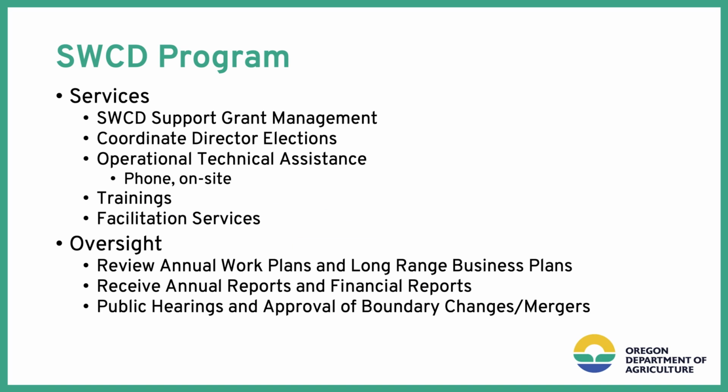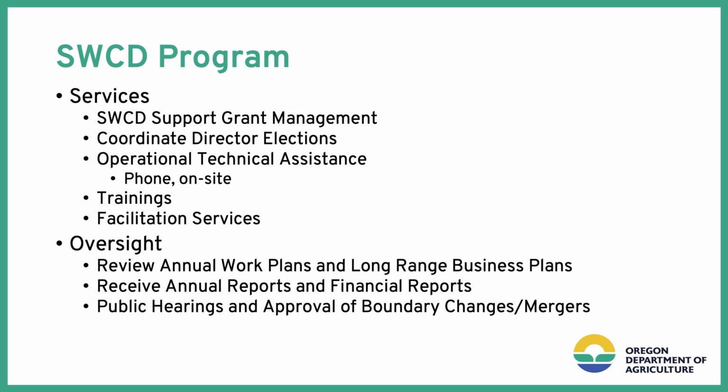And then we have some legal oversight that is in the 568. The main ones are that we have to review your annual work plan and long-range business plans. That's part of our legal oversight. That is why every year when you apply or renew your district capacity grant, you send us the annual work plan and we double check and make sure your long-range business plan is up to date.